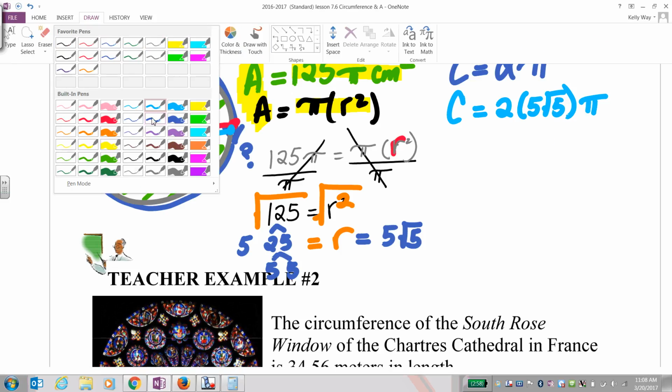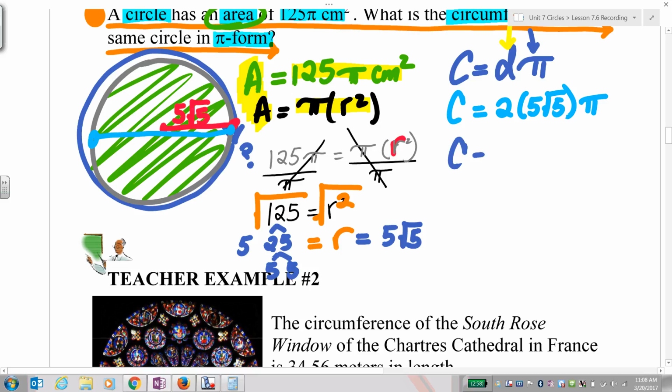Let's work this out. Circumference equals, only the outies talk to the outies, 10 root 5 pi. Let's check for units. In centimeters, not squared, 1 dimension. You are done.